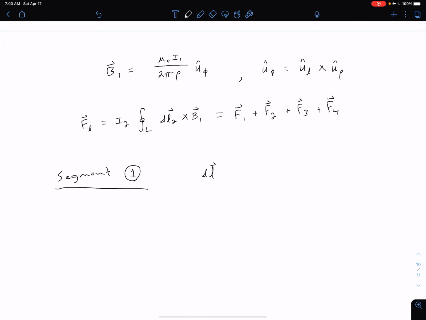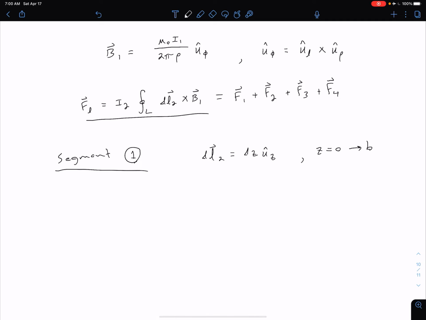Okay, so putting all of that on the page, we've got our dl2 is equal to dz in the z direction. And as we said, our z is equal to 0 initially, and it's going to b, so that's going to be our limits of integration. So now we just plug into this more general equation here. We can see that our F1 is going to be equal to our current I2, integral from z equals 0 to b of our dz in the z direction, cross with our B1 equation, which we had up here.